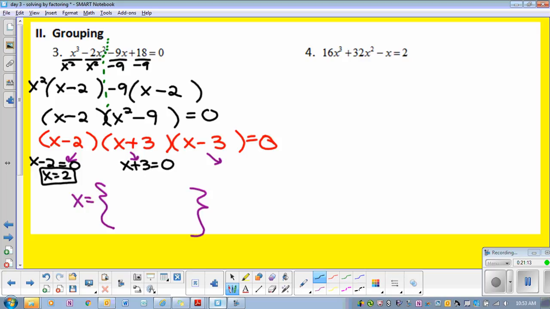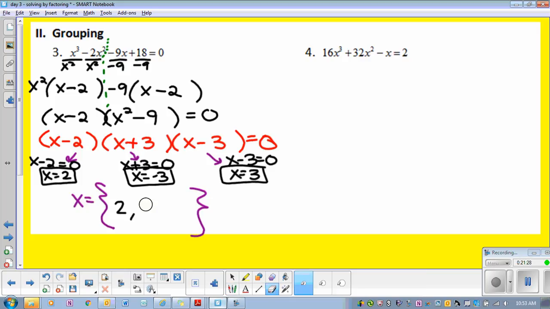So x equals what? So x equals 2, and it also equals plus or minus 3. Like I said, I'm not going to count it wrong if you decide to put negative 3 and a positive 3. I just like to write plus or minus 3 because it's one less 3 to write.